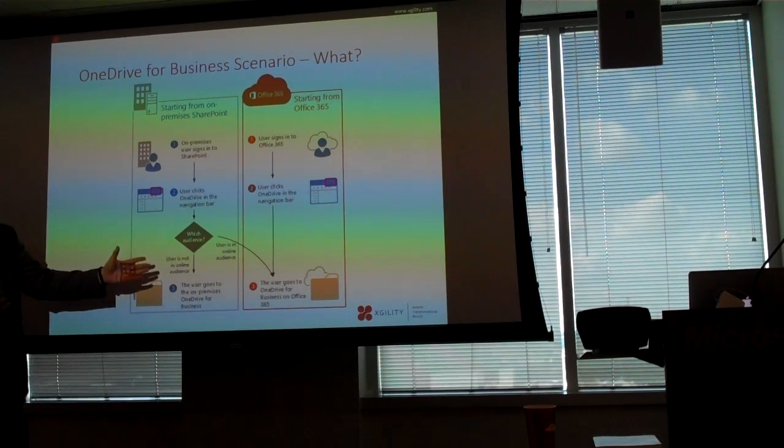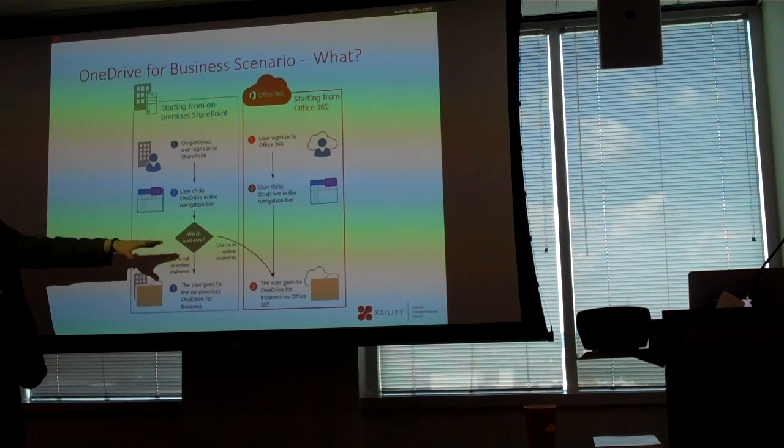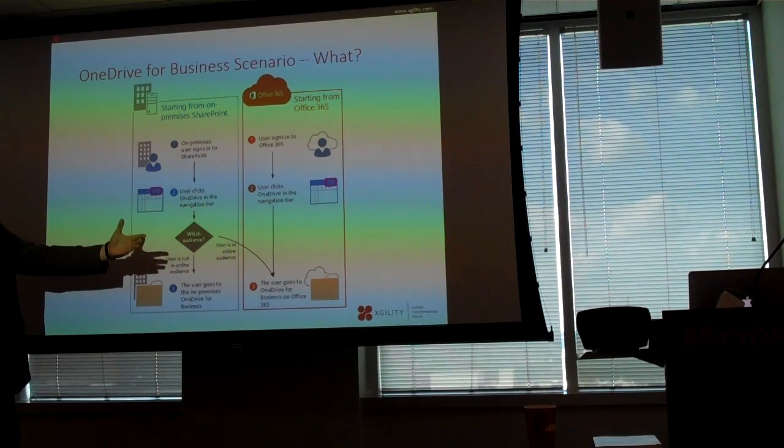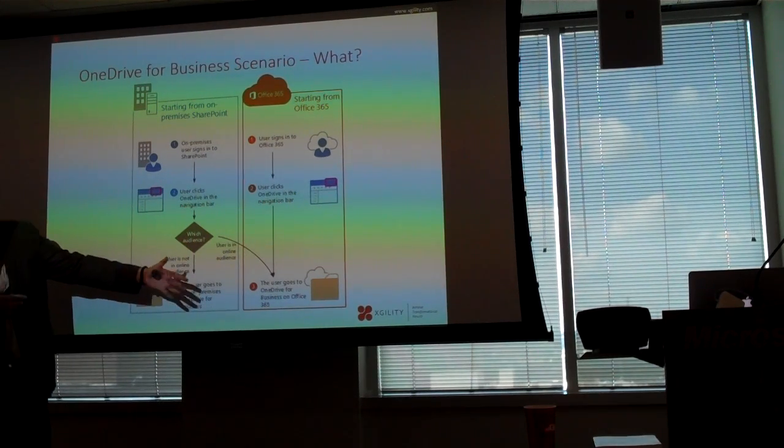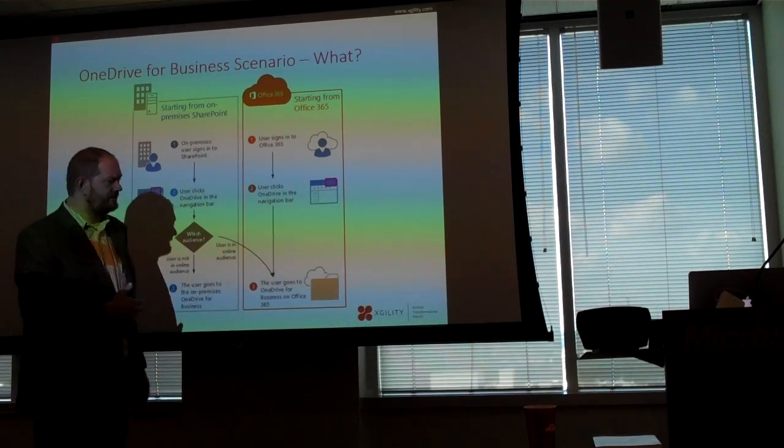If they're in an audience that isn't part of OneDrive for Business Online, they can use their on-premises OneDrive, or you can disable OneDrive for their use. And then the reverse can also happen. If the user is in Office 365 and clicks OneDrive for Business in the navigation bar, they're directed to their OneDrive for Business in Office 365.